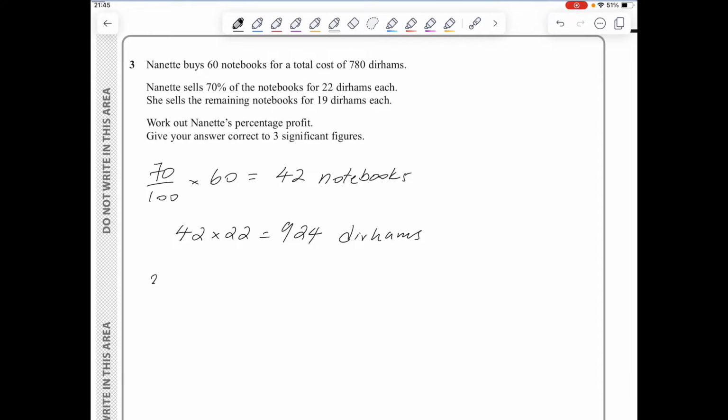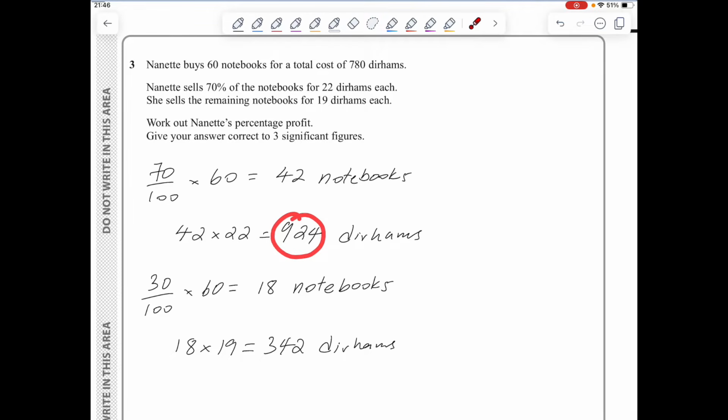Next, I'll find the other 30% of 60 notebooks, which is equal to 18 notebooks. Now, each one of those 18 is being sold for 19, which comes out to be 342 dirhams.